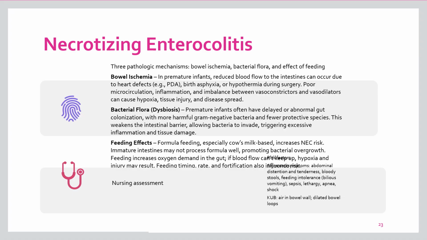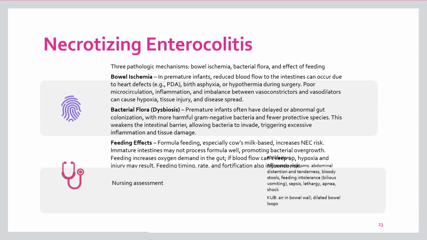Bacterial flora dysbiosis: premature infants often have delayed or abnormal gut colonization because their gut is not mature enough yet, with more harmful gram-negative bacteria and other species. In the gut we have normal flora and disease flora.